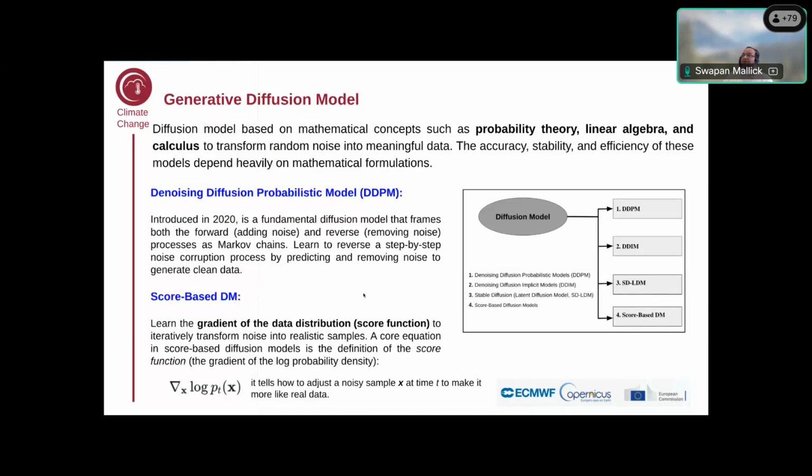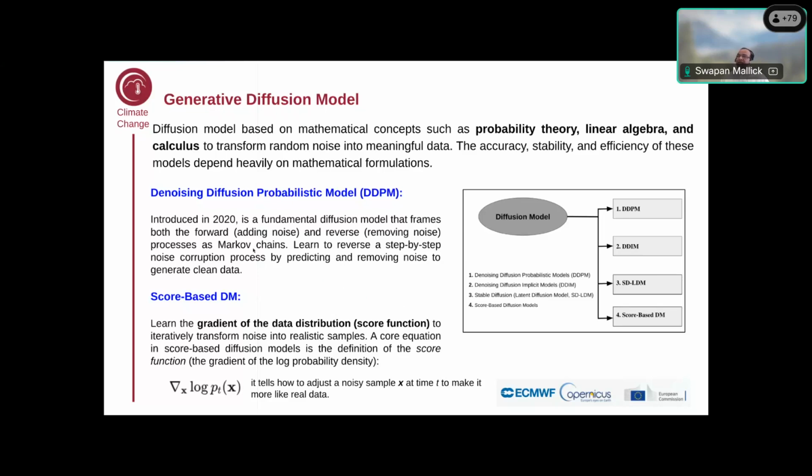For that we use the generative diffusion model, which is a very new system and has different flavors, like the denoising diffusion probabilistic model and the score-based diffusion model. The foundation model is the denoising diffusion model, which was very recently introduced, and it is fully based on a Markov chain process.